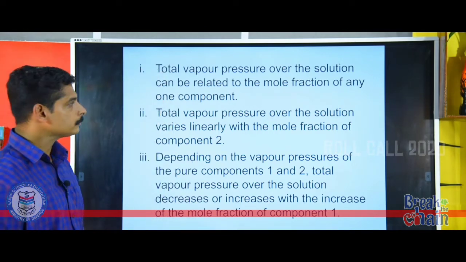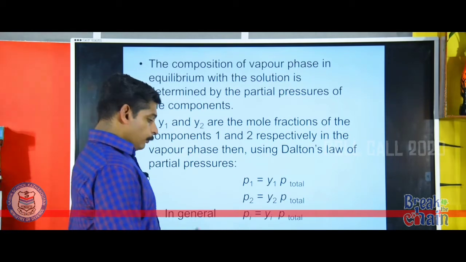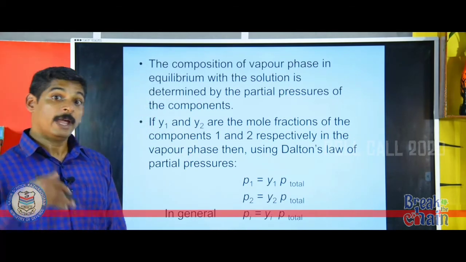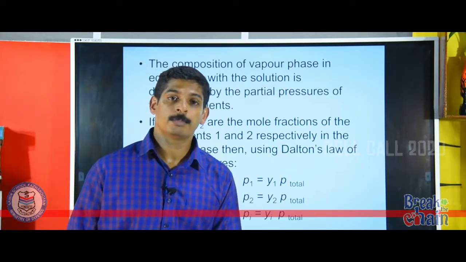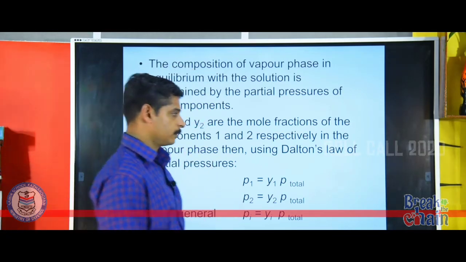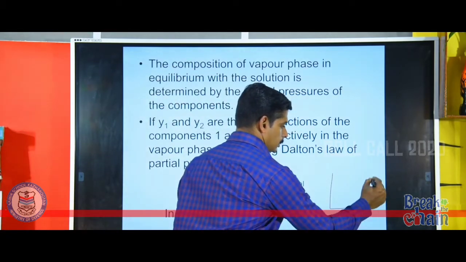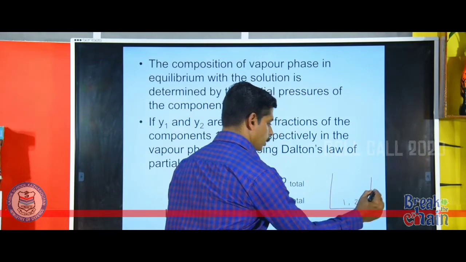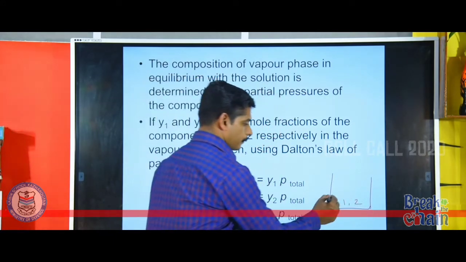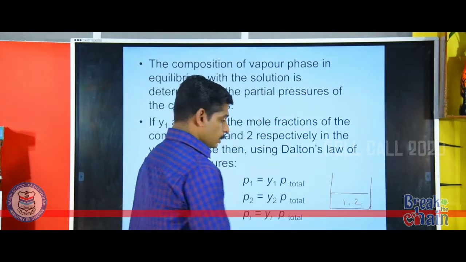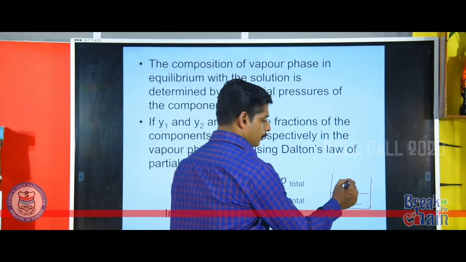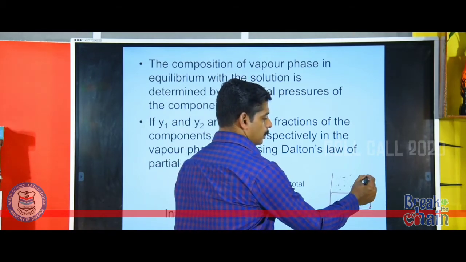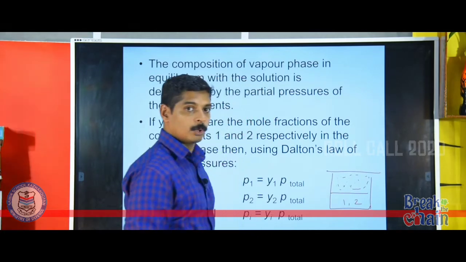Clear? Now, consider the vapor phase of a solution. For example, you take component 1 and component 2 in the liquid state. It evaporates and forms vapors. So in the vapor phase you have both the components.